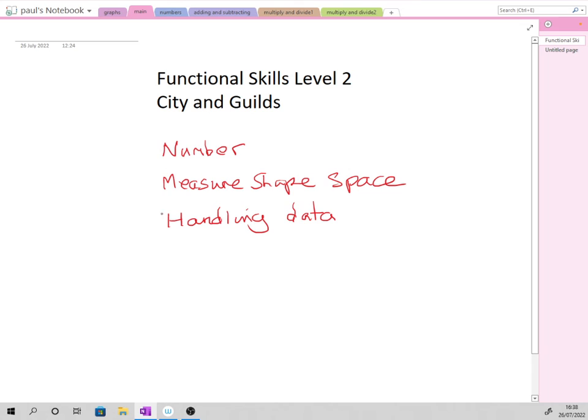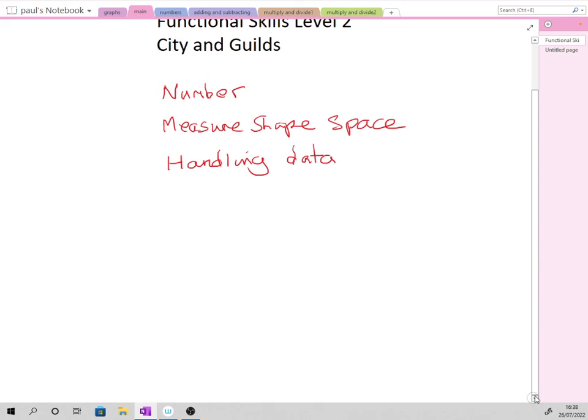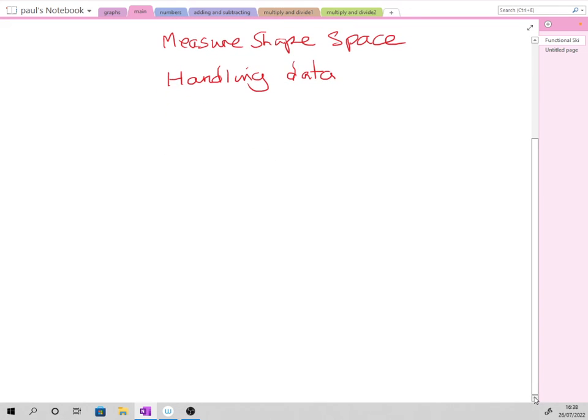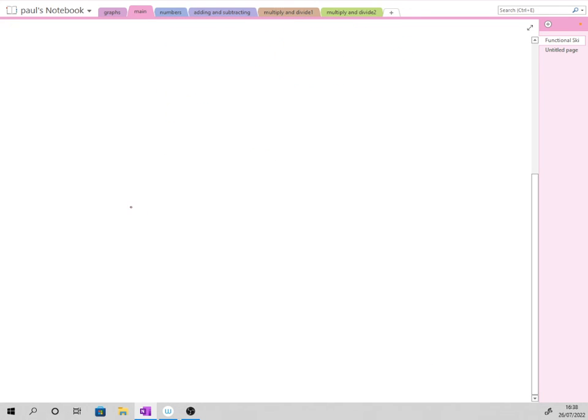Now, each of these 3 parts is going to be broken down into smaller parts into the individual lessons. Not sure how many lessons there's going to be, but we'll just go along with it. I'll make the lessons a reasonable length, so that you don't get overwhelmed with too much to do all in one go. So the first one we're going to do is all about numbers.